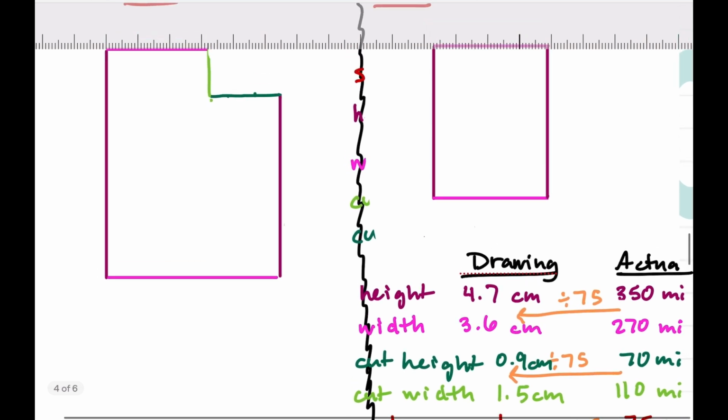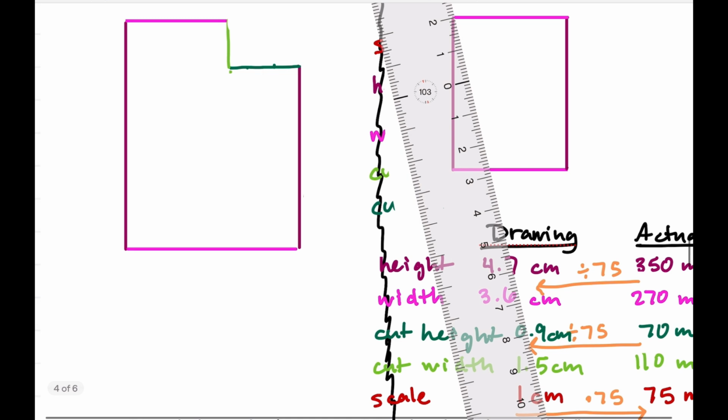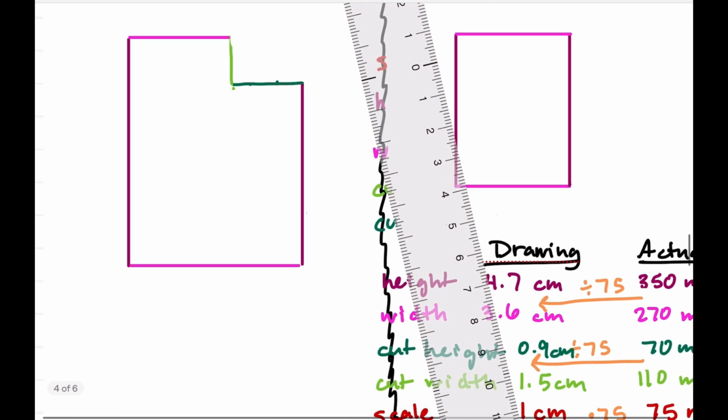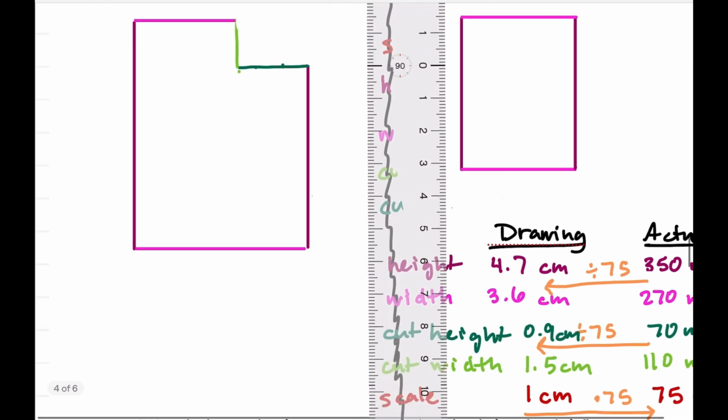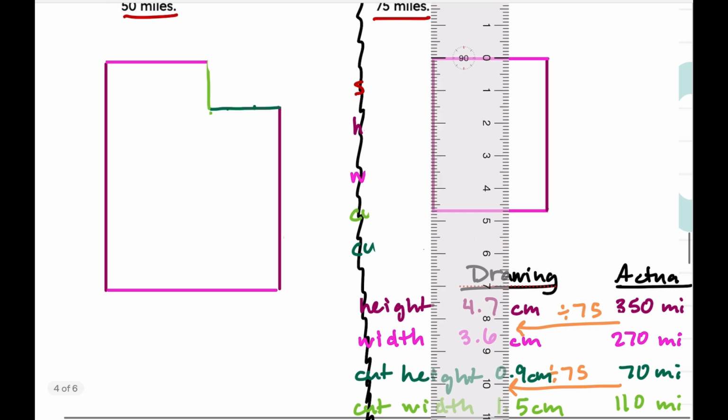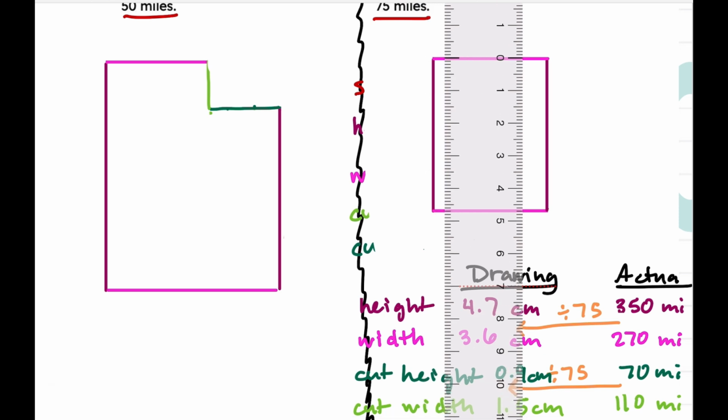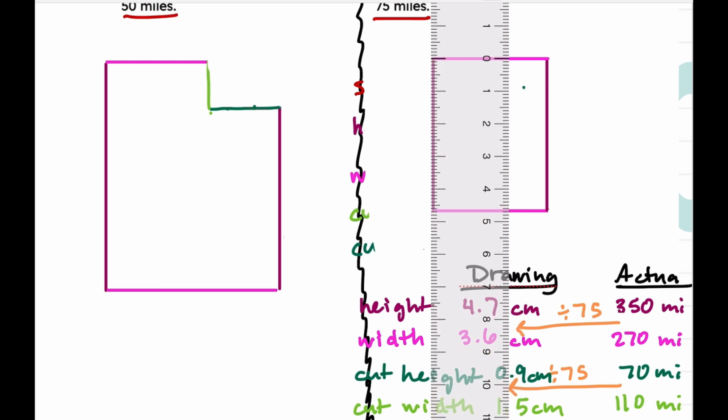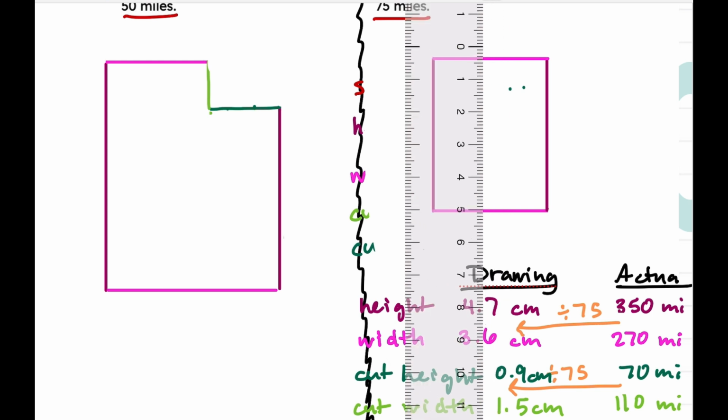So I'm going to rotate this again to be 0.9 centimeters. There we go. 0.9. Looks like it would be cut out about there. And a width of 1.5 centimeters.